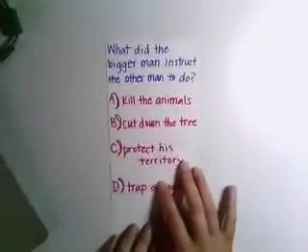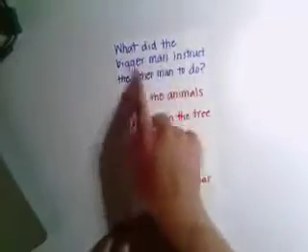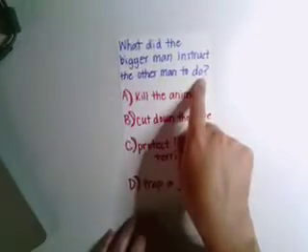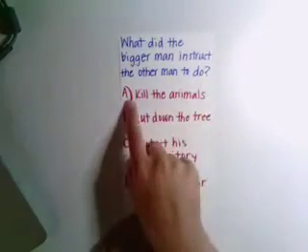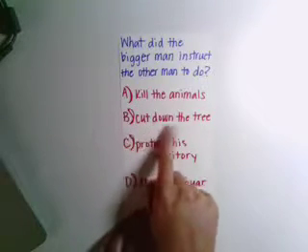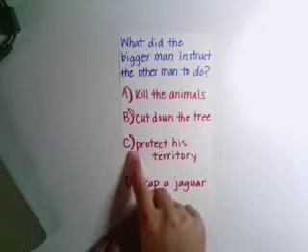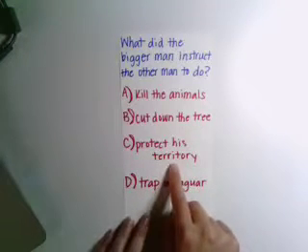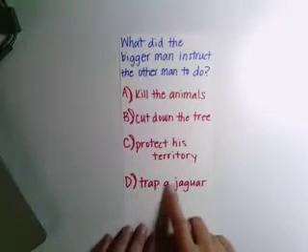Question 2. What did the bigger man instruct the other man to do? Was it A, kill the animals, B, cut down the tree, C, protect his territory, or D, trap a jaguar?